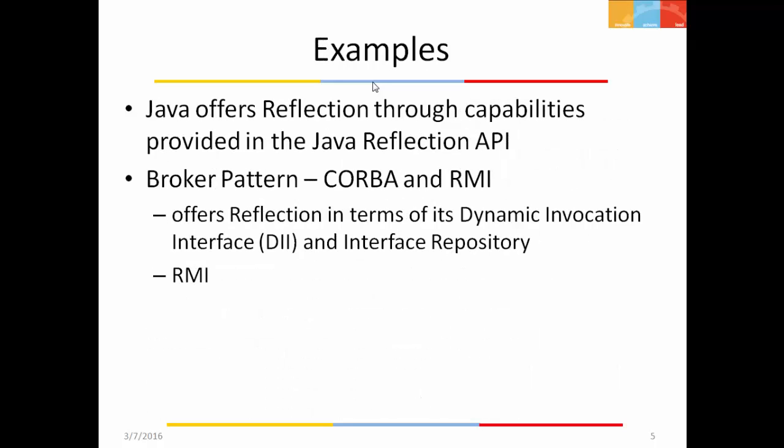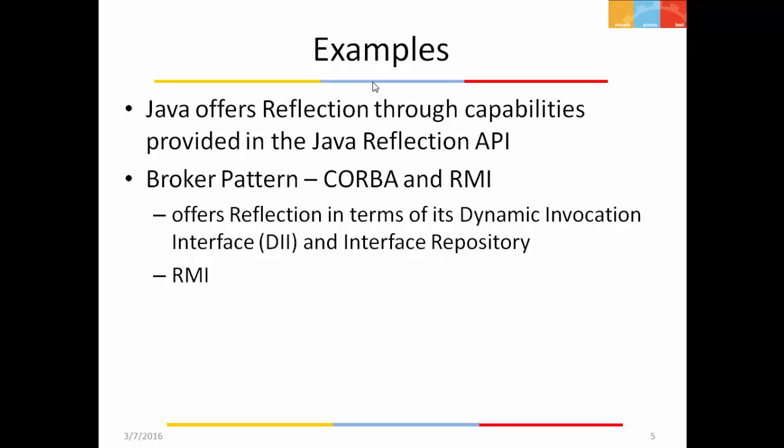Examples: Java actually offers reflection through the capabilities provided in the Java Reflection API. Broker patterns like CORBA and RMI. In fact, CORBA is the first distributed system in which this reflection mechanism was introduced.